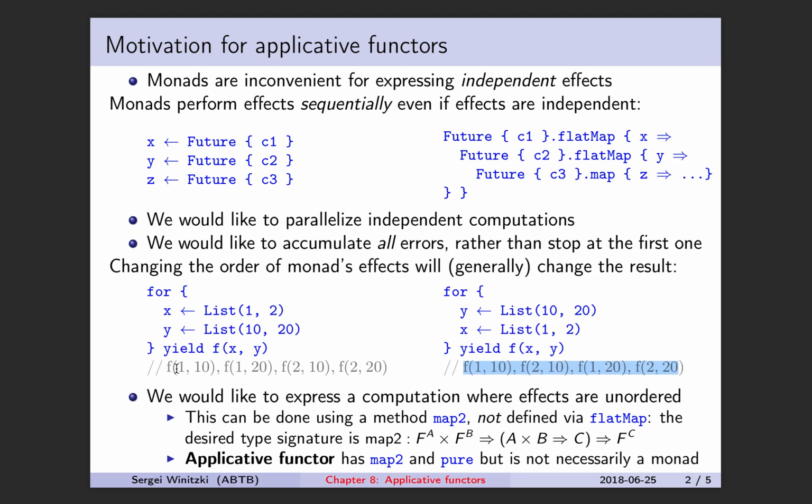The first iteration would be interchanged with the second one, and the list will have a different value. Now, for lists, the order of elements is important, perhaps. For other monads, usually this is also the case, that you cannot just interchange lines in a functor block and expect the result not to change.